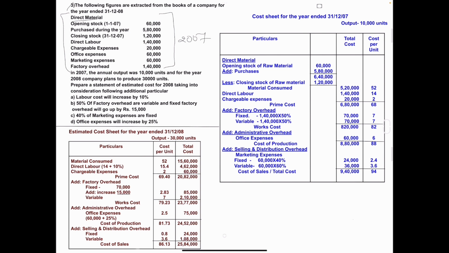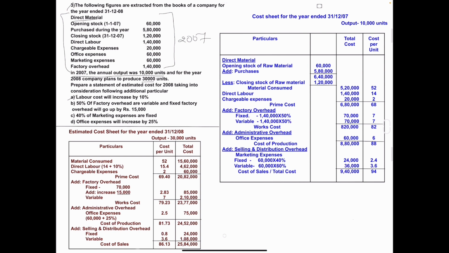In 2007, the annual output is 10,000 units and for the year 2008, the company plans to produce 30,000 units. Prepare a statement of estimated cost for 2008 taking into consideration the following additional particulars.